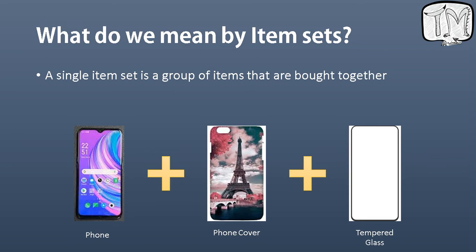If a particular set of items has been frequently bought across many baskets, carts or visits, we call them frequent item sets. For example, phone plus phone cover and tempered glass: if they are bought together in many different baskets or carts, then we will call this entire set of items an item set.